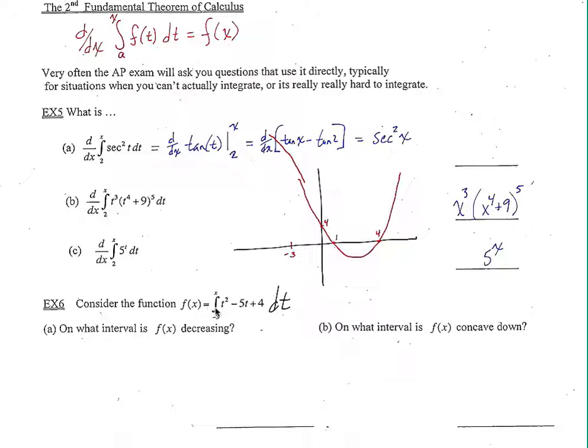So what we're looking at here, the function f of x, is a function that's looking at the area between the curve and the x-axis, starting at -3. Right? So if we were, say, at -1, this would be the total area. If we were at 0, right, this would be the total area.